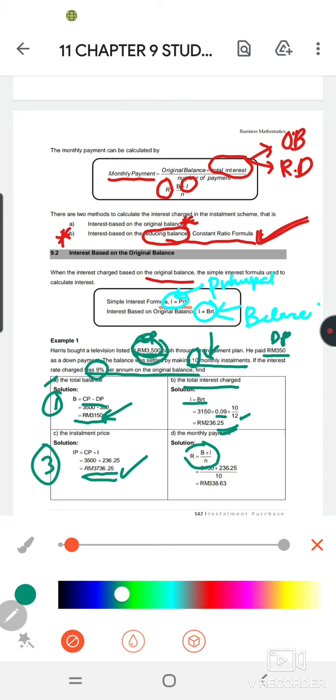So the answer is 338.63. This means every month we have to pay this amount. Okay, so this is the calculation of installment price based on interest on the original balance.